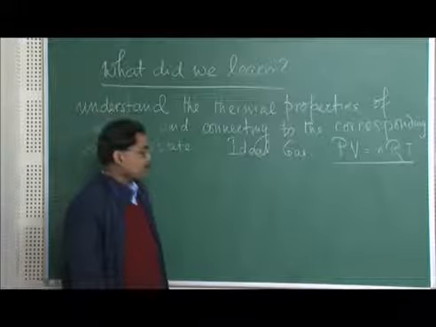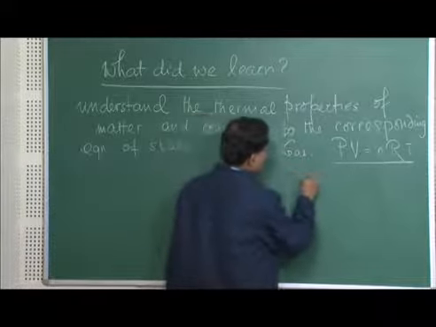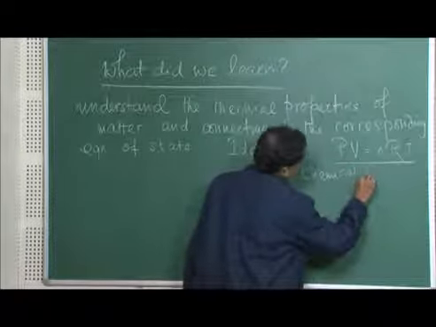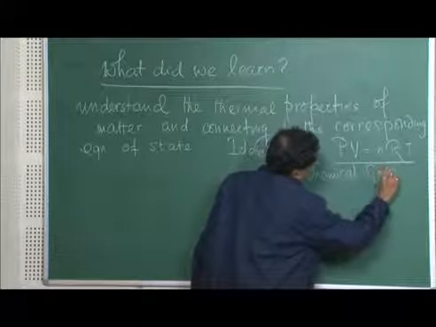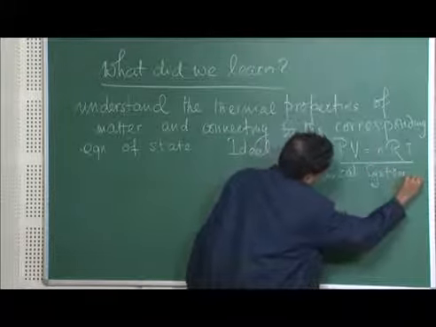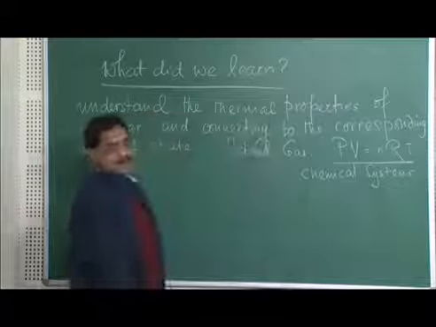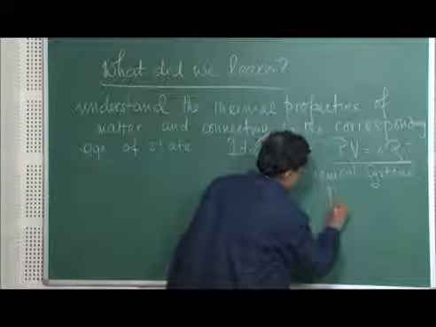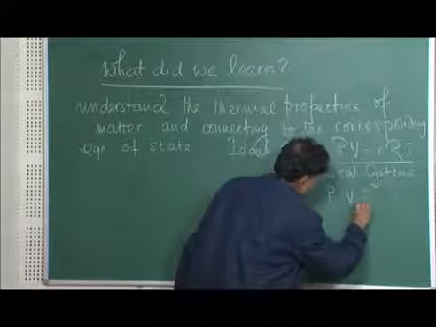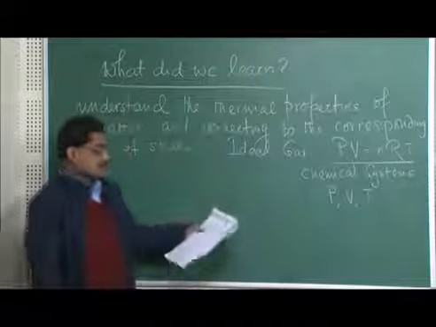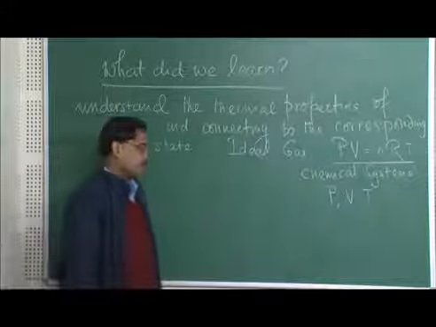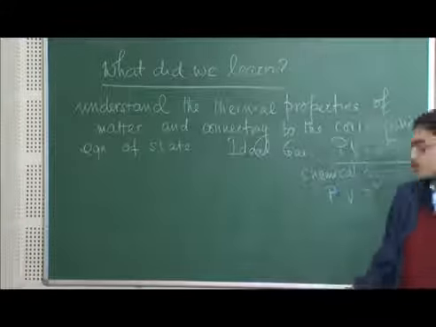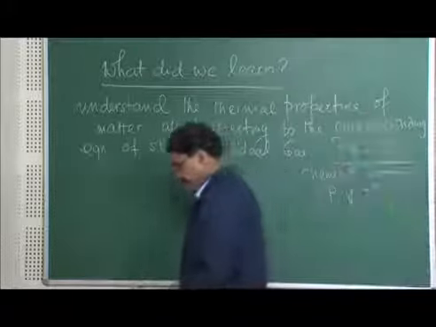Now, we are dealing with so-called chemical systems. A chemical system is described by the variables pressure, volume and temperature. There could be something called chemical potential, which is actually beyond our limit. We will not get into what is called chemical potential.